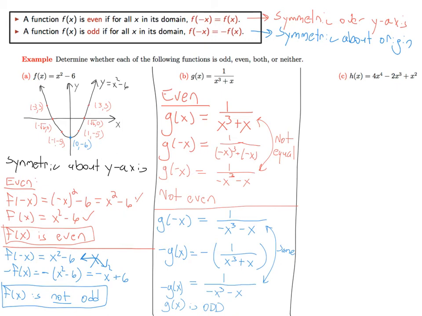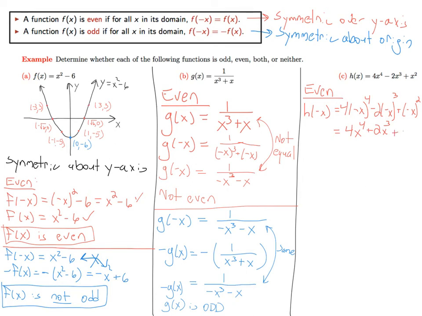And finally, coming to part C, to check whether this function is even, I'm going to evaluate h at minus x, and that gives me 4 times minus x to the 4th minus 2 times minus x cubed plus minus x squared. So I get minus x to the 4th power is a positive x to the 4th power, and the middle term, I do get a change in sign because the power is odd.